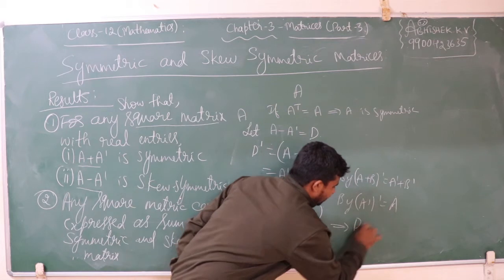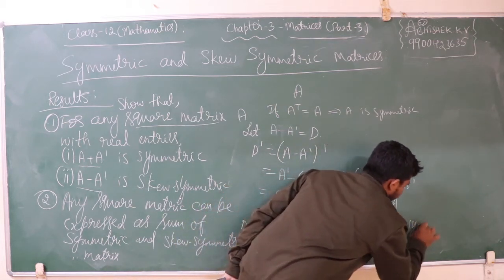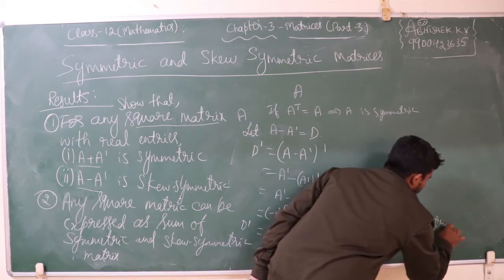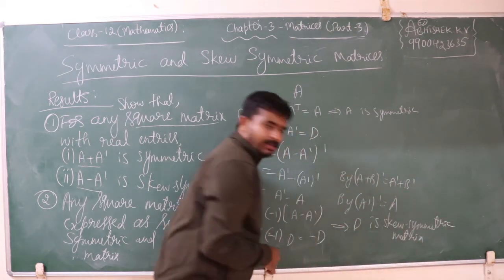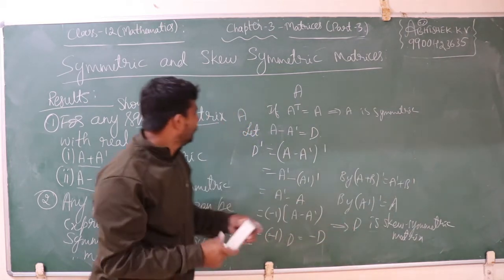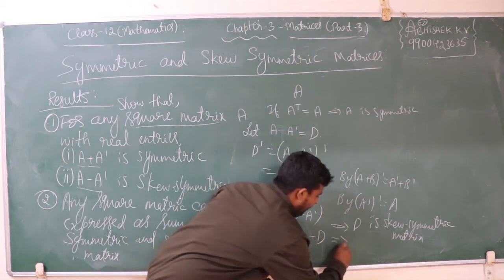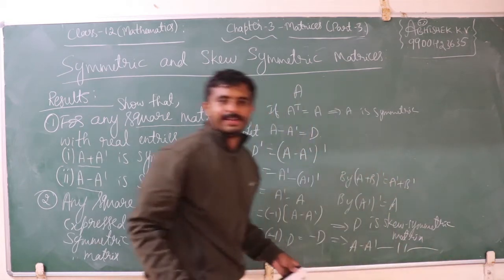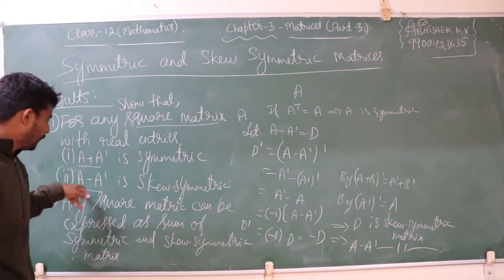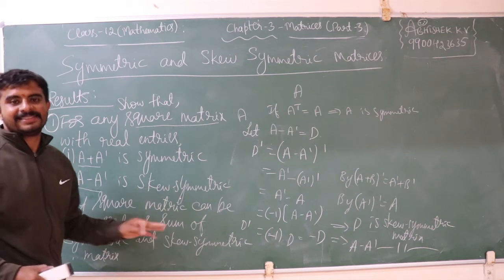Since D is A minus A transpose, this implies A minus A transpose is a skew symmetric matrix. So we needed to prove that A minus A transpose is skew symmetric. Hence the proof. Very simple.